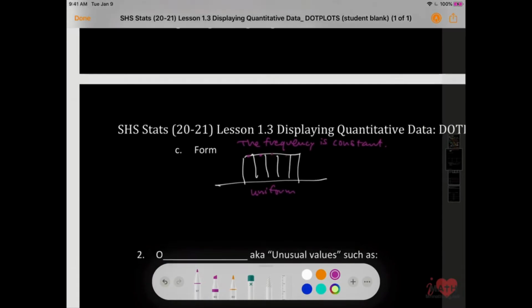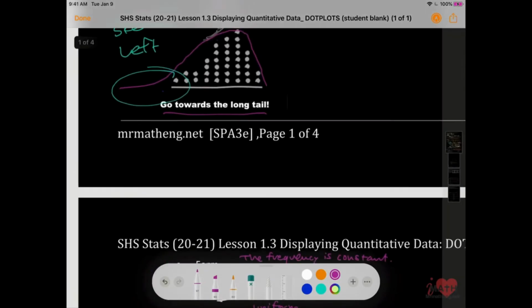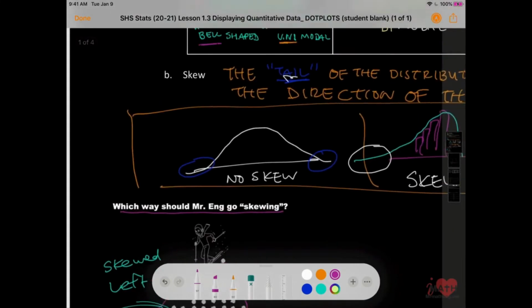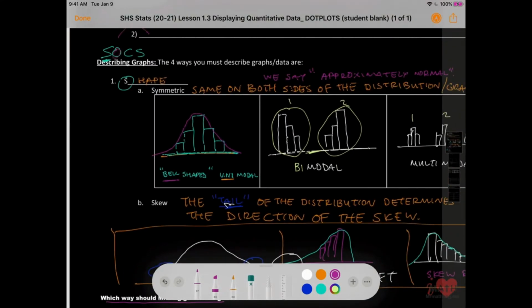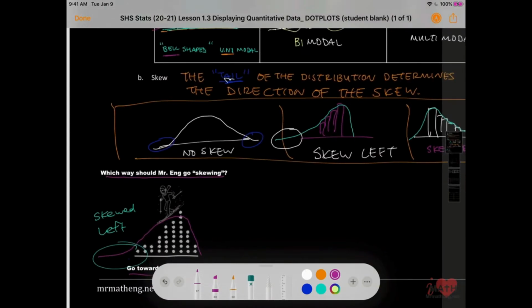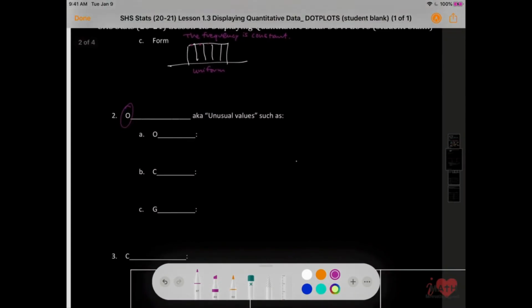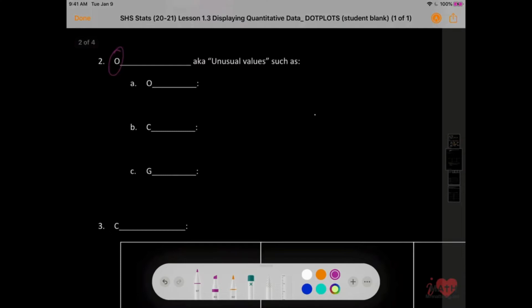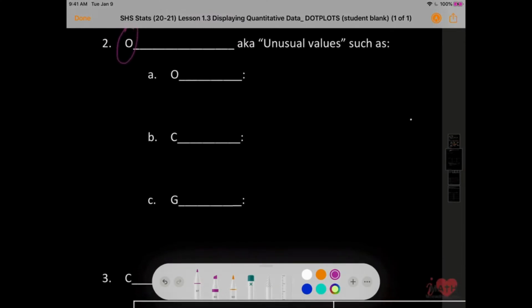All right, let's go down to now the O in SOCS. What does O stand for? You might have actually heard it in another class. That's called the outliers. And what are outliers?